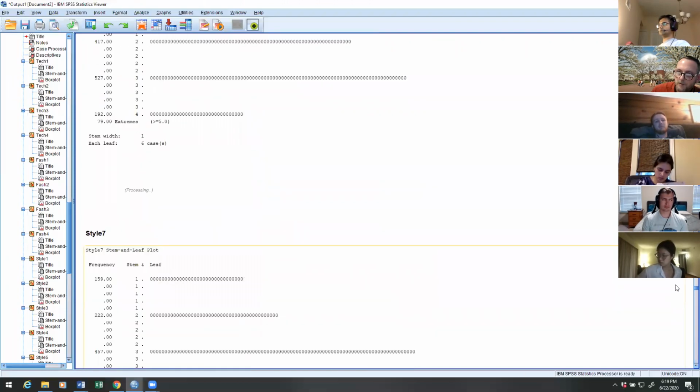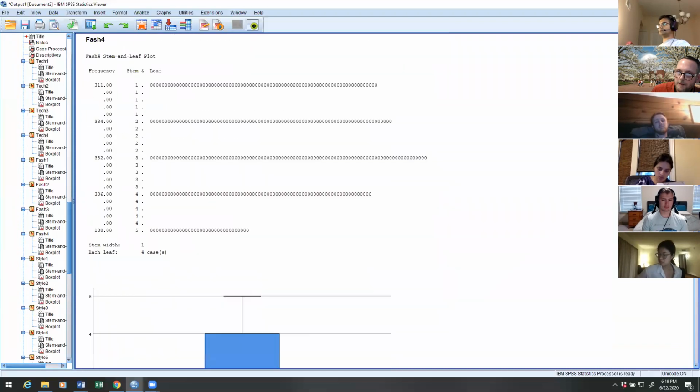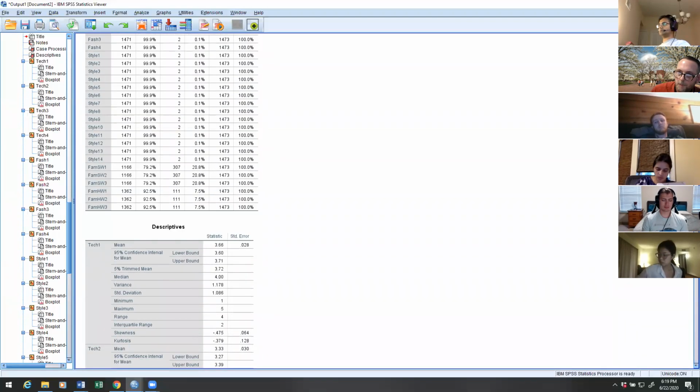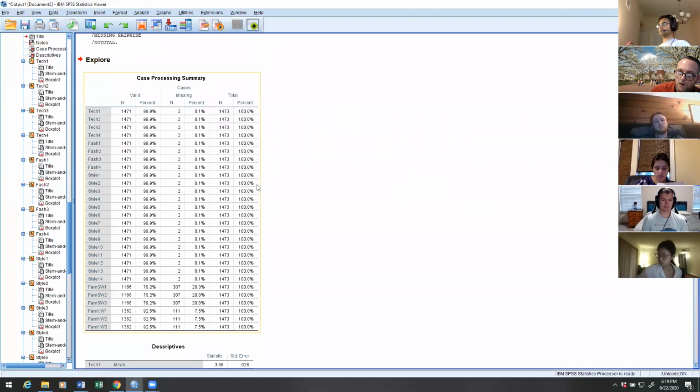Doing a pairwise processing, all this does is look at each variable. So for the variables Tech 1 through Style 14, all of the respondents answered those questions except for 2.